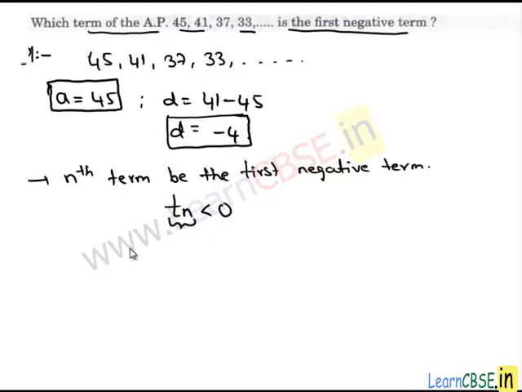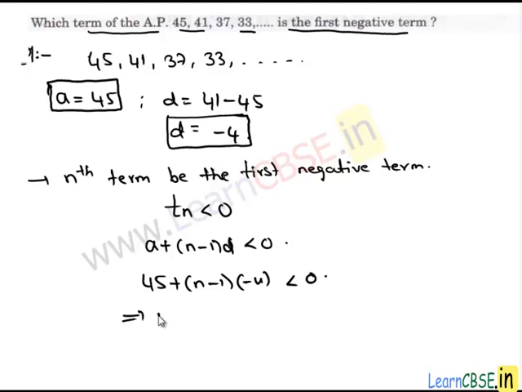According to the general term of an AP, if a is the first term and d is the common difference, then the nth term is a plus (n minus 1) times d. According to this situation, it is less than 0. Let's substitute the values. We have 45 plus (n minus 1) times negative 4, and it is less than 0. 45 plus minus 4 times (n minus 1) is less than 0.